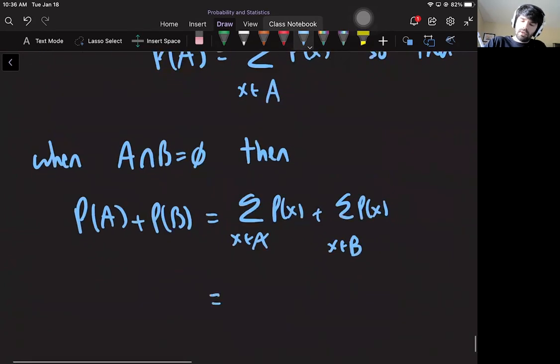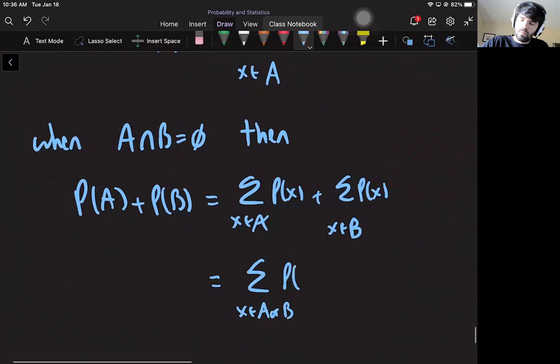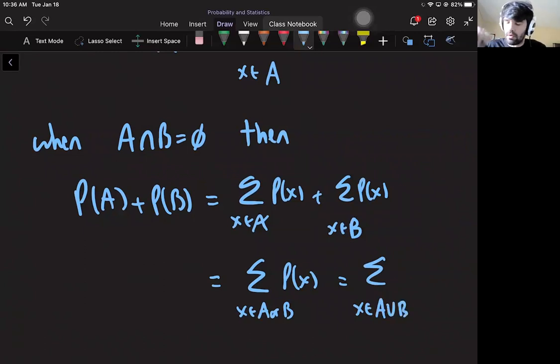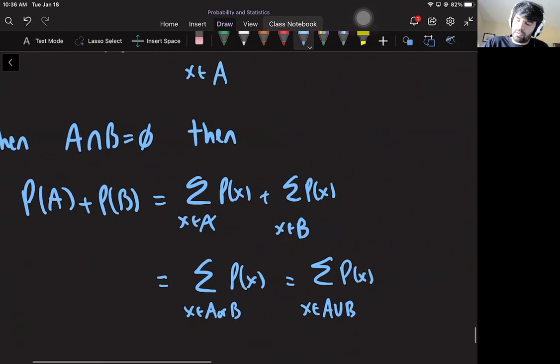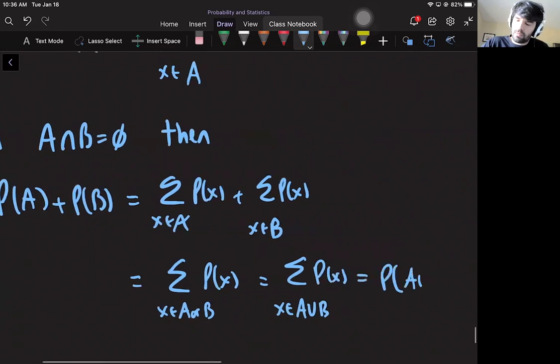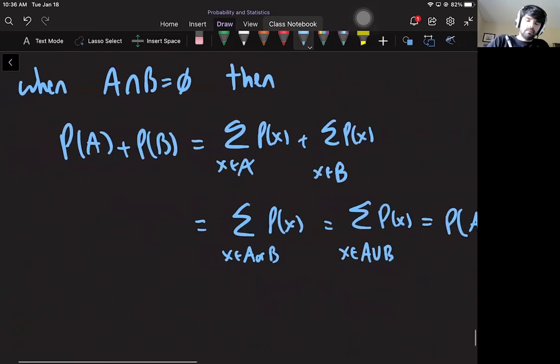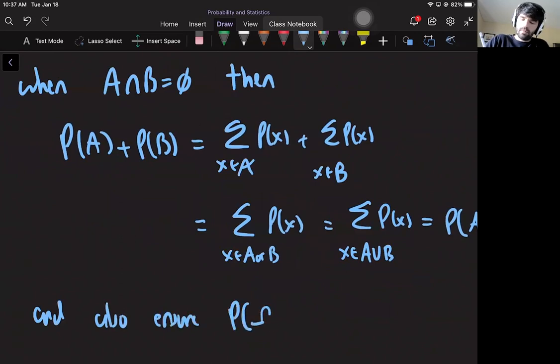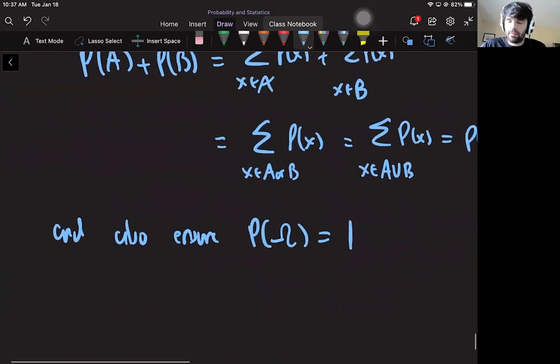And then that's the same as just adding up the probabilities for the outcomes in either A or B. But that's really just saying the union, because unioning is the same as saying the things in A or B. And then that's just the other side of the equation. Okay, so as long as we do that, and also we have to ensure that the total probability of all the outcomes better add up to 1, so that the probability of the sample space is 1.